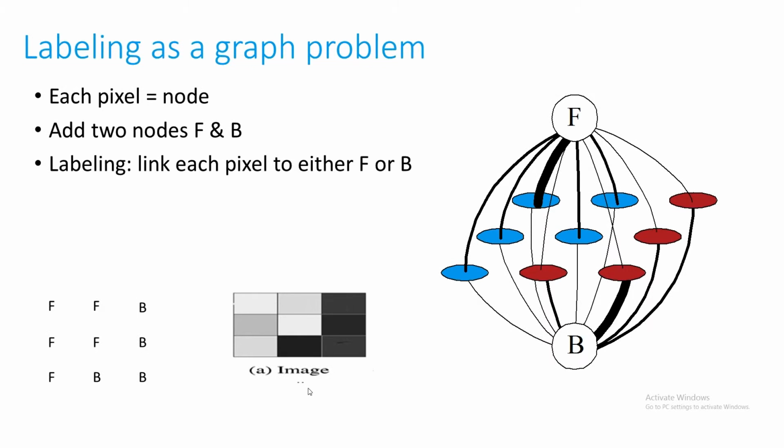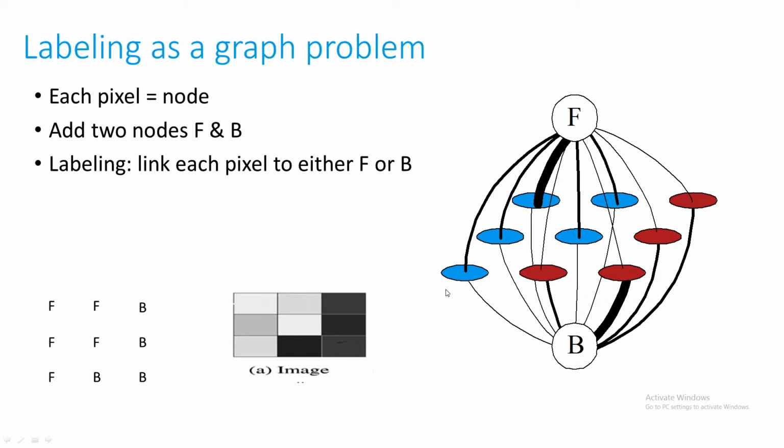For that you can add 2 additional vertices F and B. Then you can put edges between these pixels and F as well as B. The thickness of the edge represents the similarity.